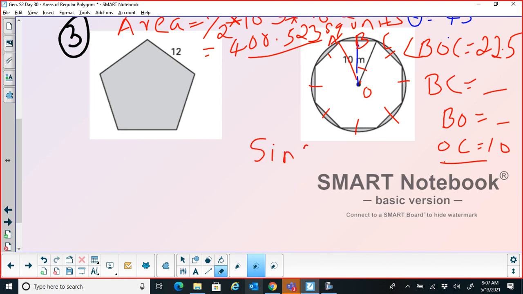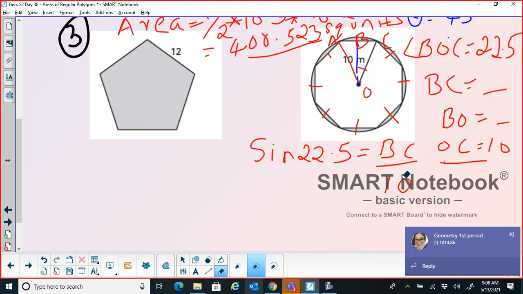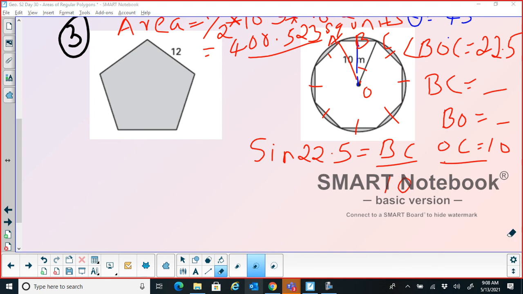Sine of 22.5 equals opposite, that is BC, over OC, that is 10. If I simplify that, I have 10 times sine 22.5, which gives 3.827. I'm rounding to the third decimal, so BC is 3.827.